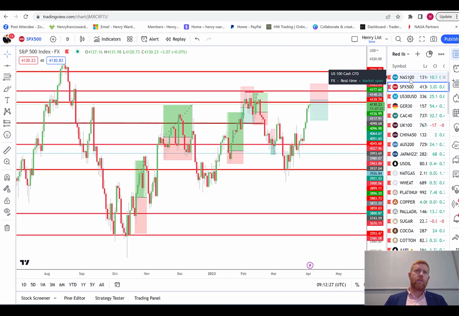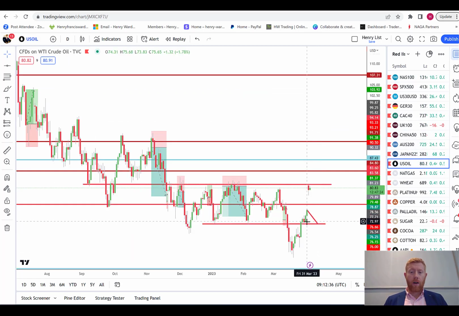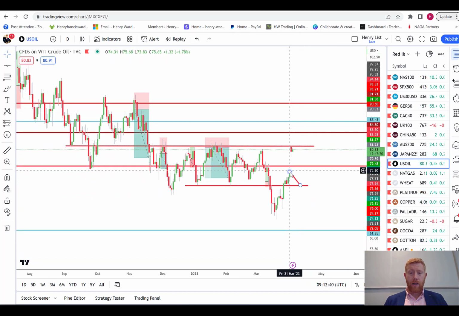So something that has also happened that will have a huge bearing on this is oil. We can see that oil has had a massive jump yesterday, or on Monday it gapped up, didn't it?